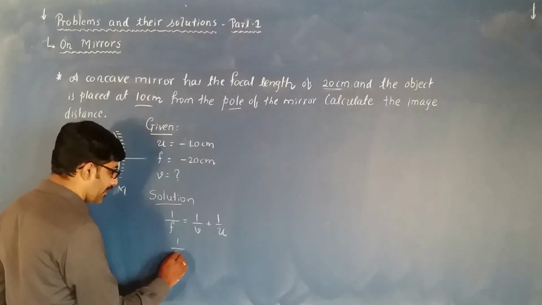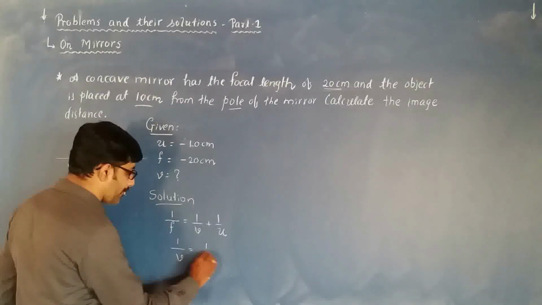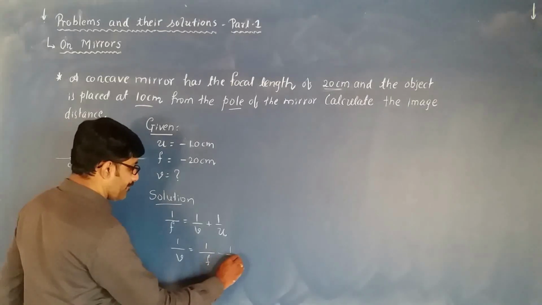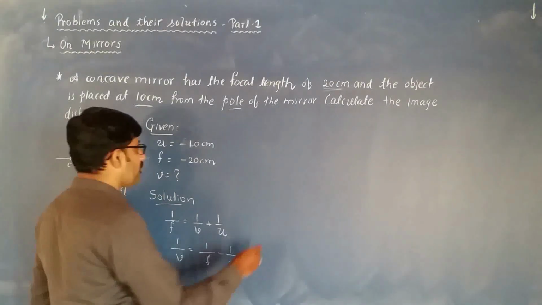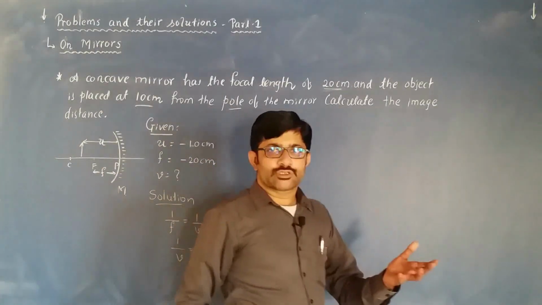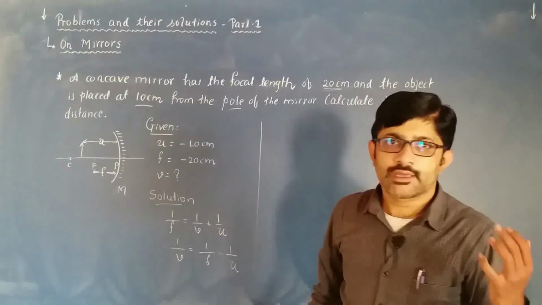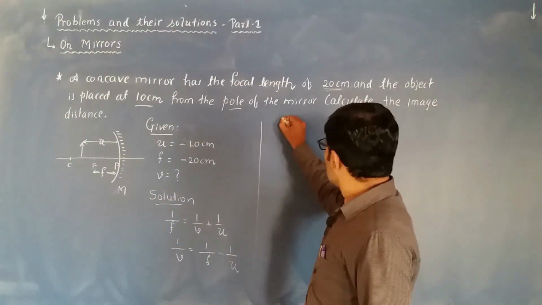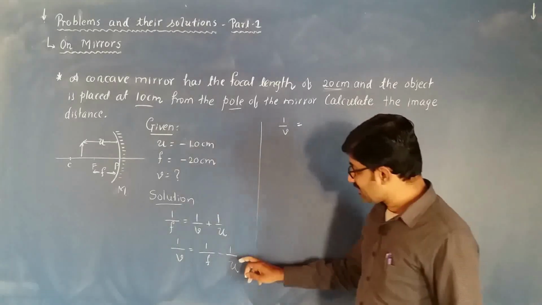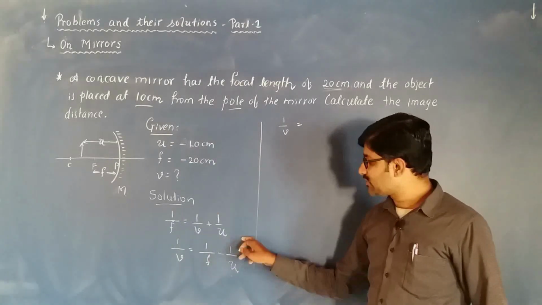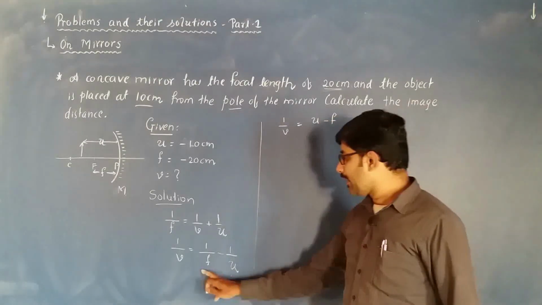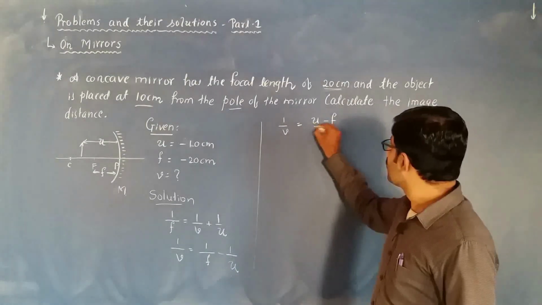Therefore 1 by V is equal to 1 by F minus 1 by U. Just simplify this, so that the solutions and the simplifications become easier. So 1 by V is equal to U minus F divided by FU or UF, no problem.